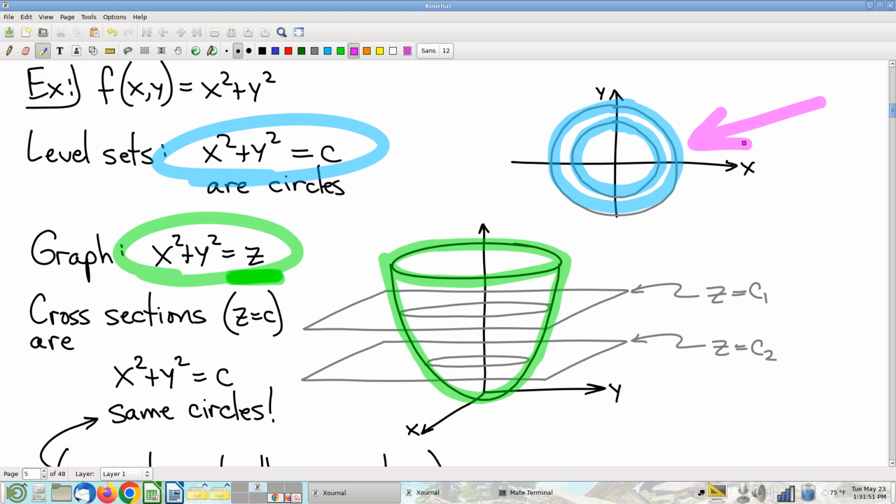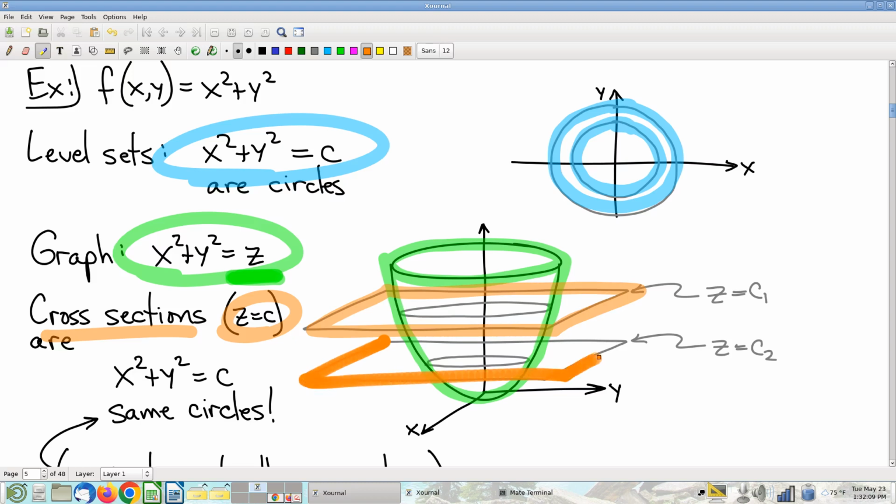Again, if you go around saying graph when you don't mean graph, you're going to be guilty of this level of nonsense. Okay, but now let's talk about taking cross sections of the graph per the observation that we just made. You take those cross sections of the graph, and notice what you get are, in fact, these circles.